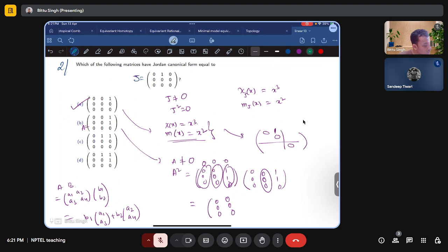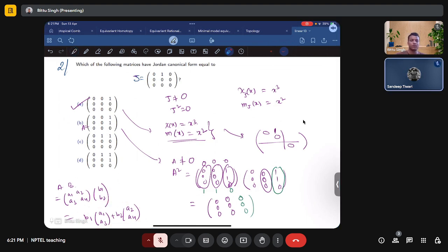Now what about the third column? The third column is 1, 1, 0. So the linear combination will be like this: multiply 1 with the first column, multiply 1 with the second column, multiply 0 with the third column, which will give me 0, 0, 0. Because 1 times 0 is 0, 1 times 0 is 0. Therefore, this combination is 0.